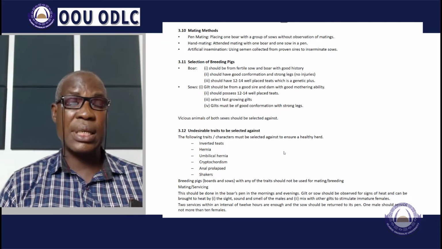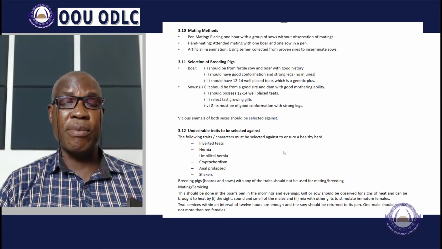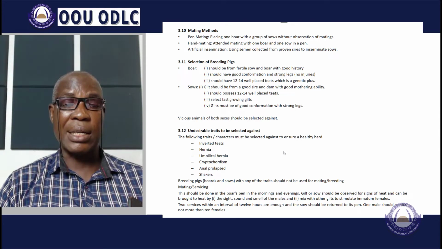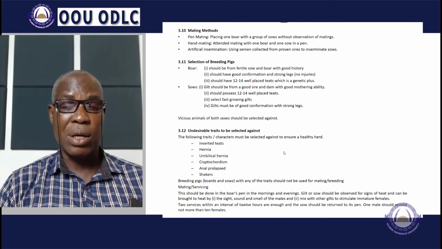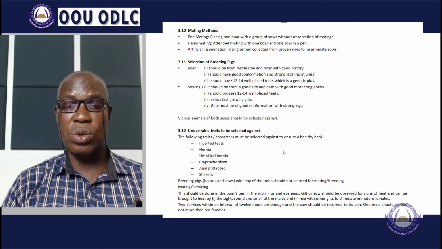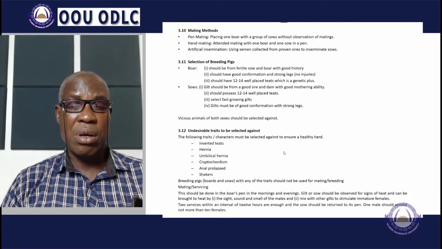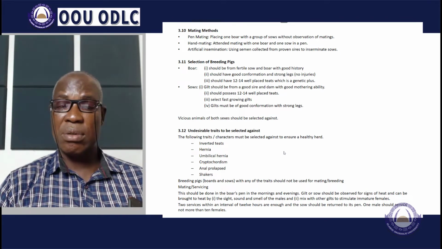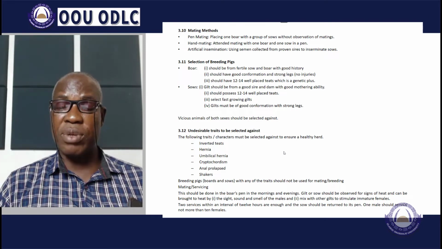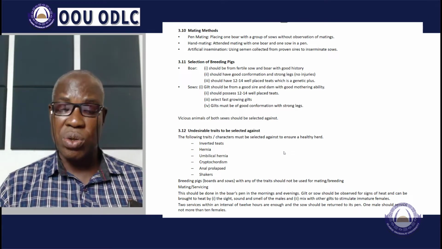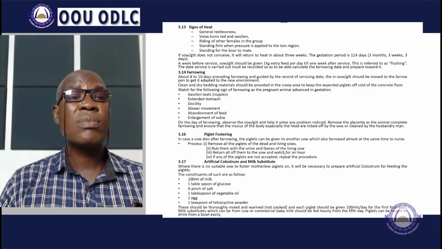So when the female animals are on heat, and as a husbandry man we observe this, we should take the female animal to the male in his pen. Two services is enough with an interval of 12 hours. Once we do this, we return the female to her pen and then continue to monitor her.